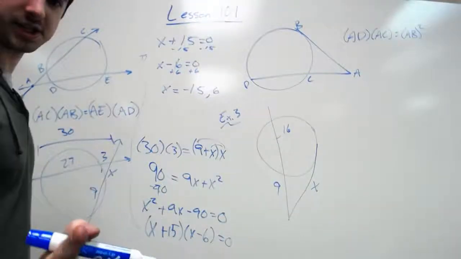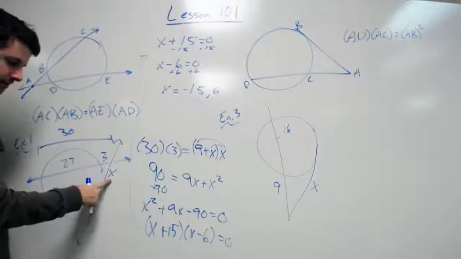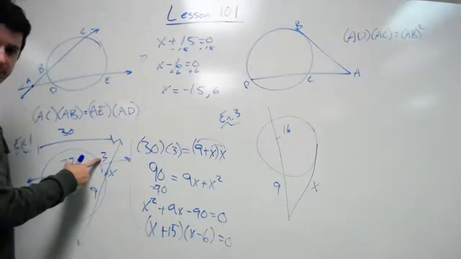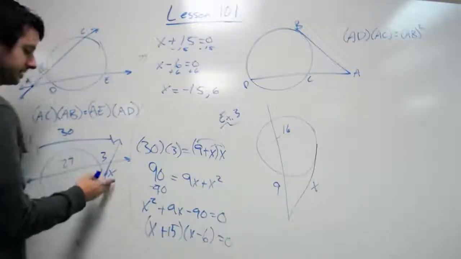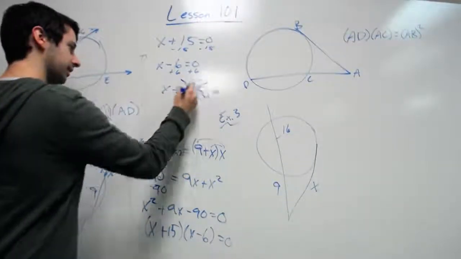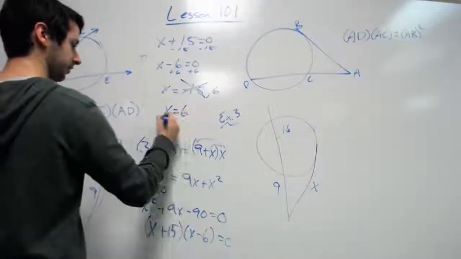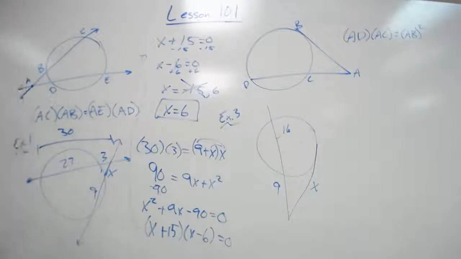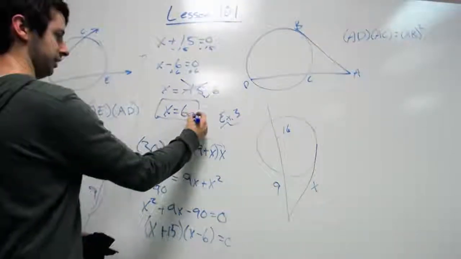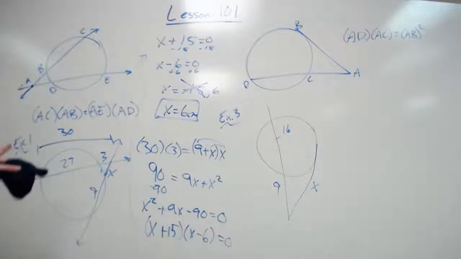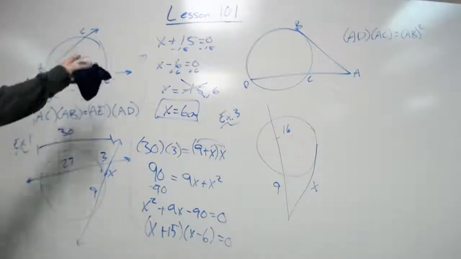Now, since x cannot be a negative number, there's no such thing as a negative length, like this can't be a negative 3. You don't find that on a ruler. Since it can't be negative, negative 15 is not an option, so x equals 6 centimeters. And that's how you determine lengths of segments with intersecting secants.